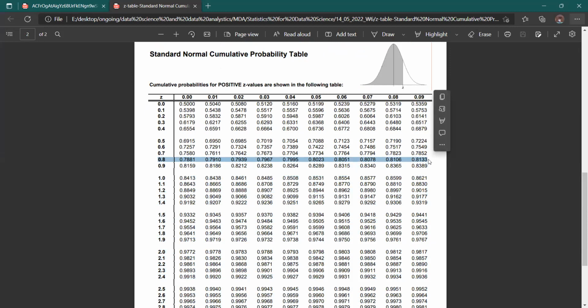We want to find the probability. These values are probabilities, and these values are Z values. We want to find 0.89, 0.8, this one is 9, 0.8133.